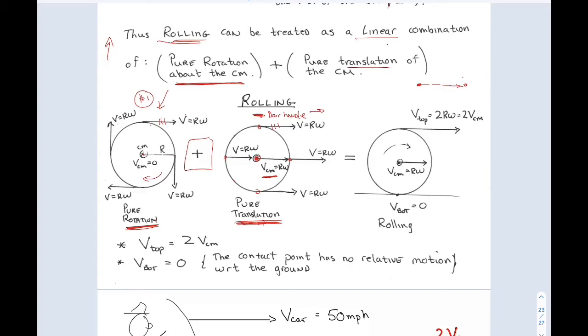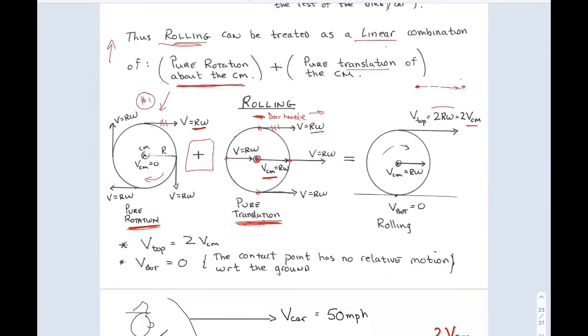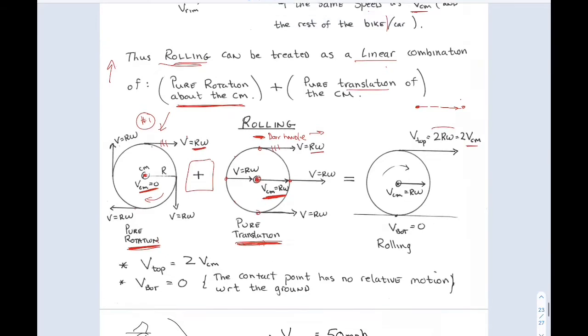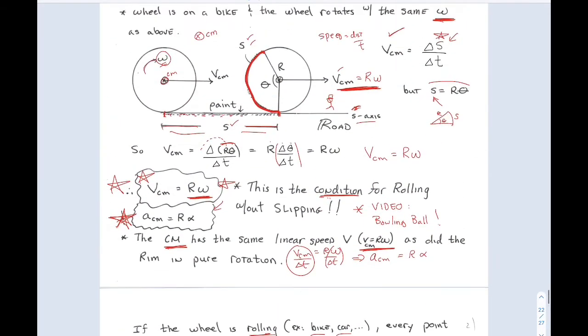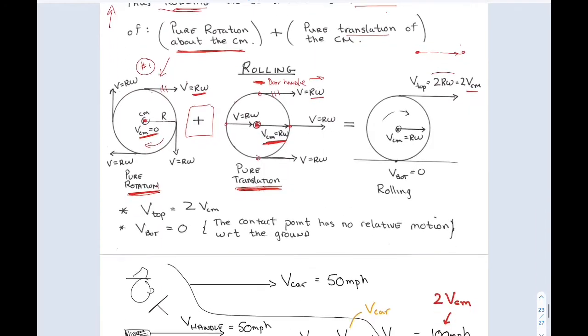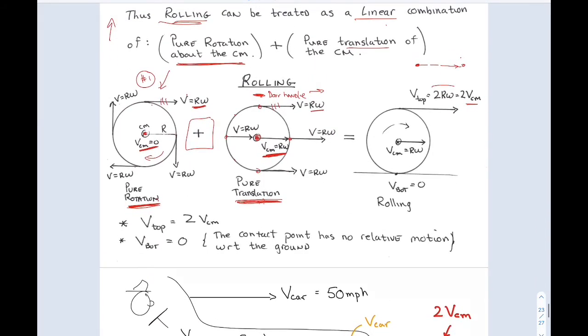That vector plus that vector gives me this long vector. This is the same as the center of mass speed, r omega, plus r omega. I get 2r omega. At the axle, the rotation contributes 0, plus the pure translation, v center of mass, which is r omega. So if I add 0 plus that vector, I get the velocity of the center of mass.